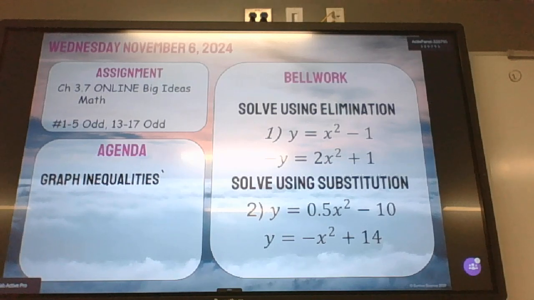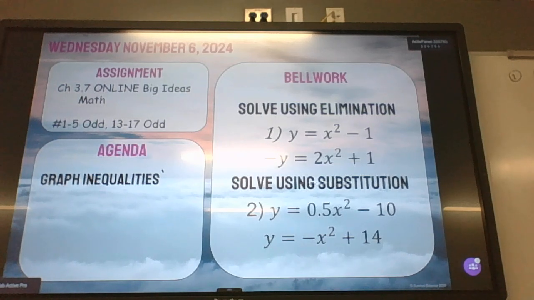Substitution method, we could do elimination, but you're supposed to really be able to do graphing, substitution, and elimination. So yesterday we did this, and they're set up nicely for you. What we're going to do is look at this bottom equation telling us what y is. y is the same as negative x squared plus 14.